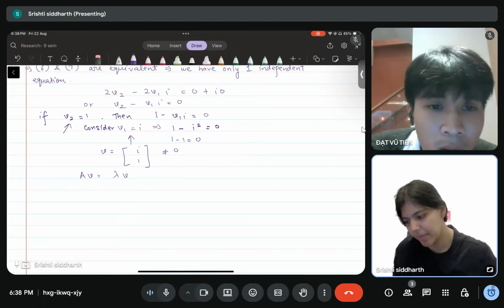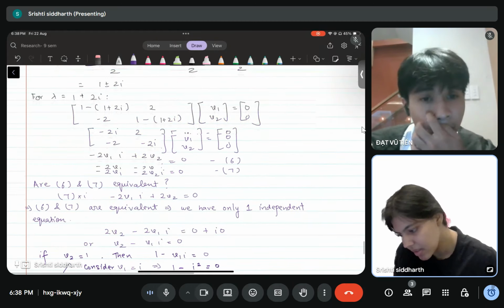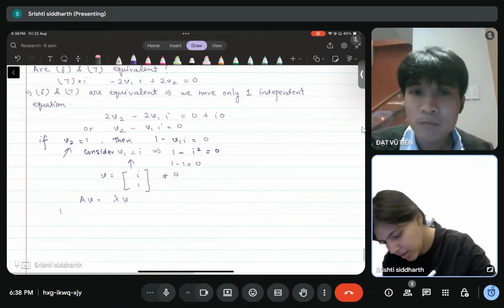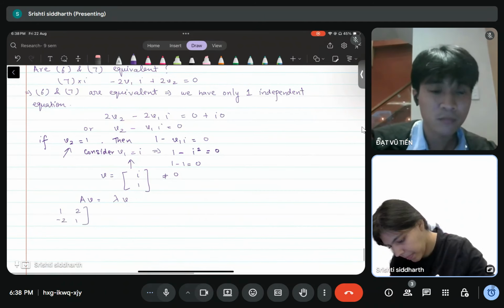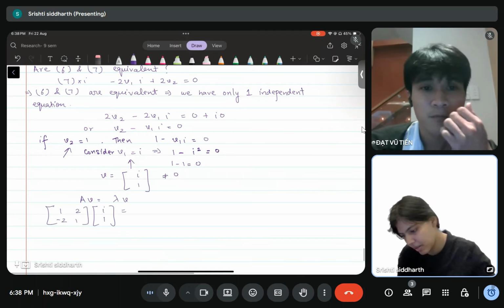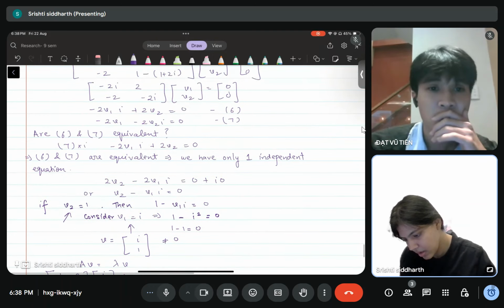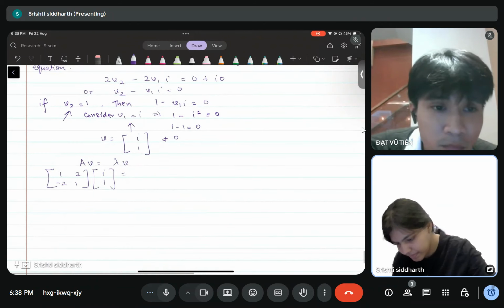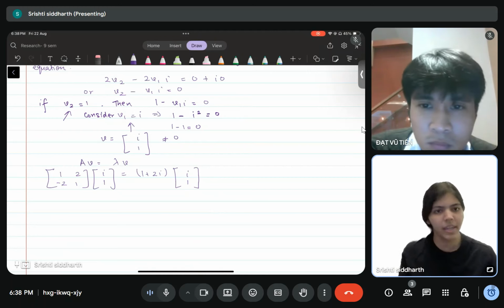We can check if AV equals lambda V. Let's see, A is 1, 2, minus 2, 1, V is i, 1, and lambda was 1 plus 2i. Let's see if both the sides match or not.